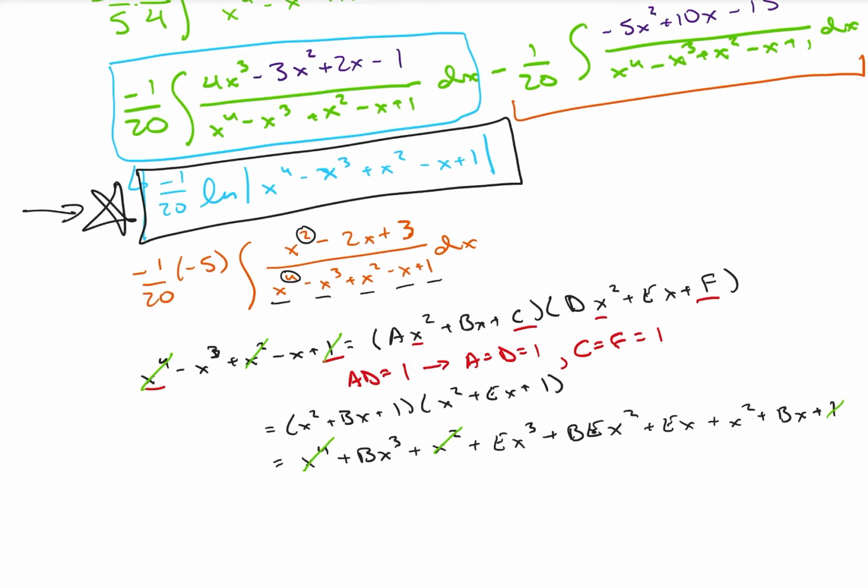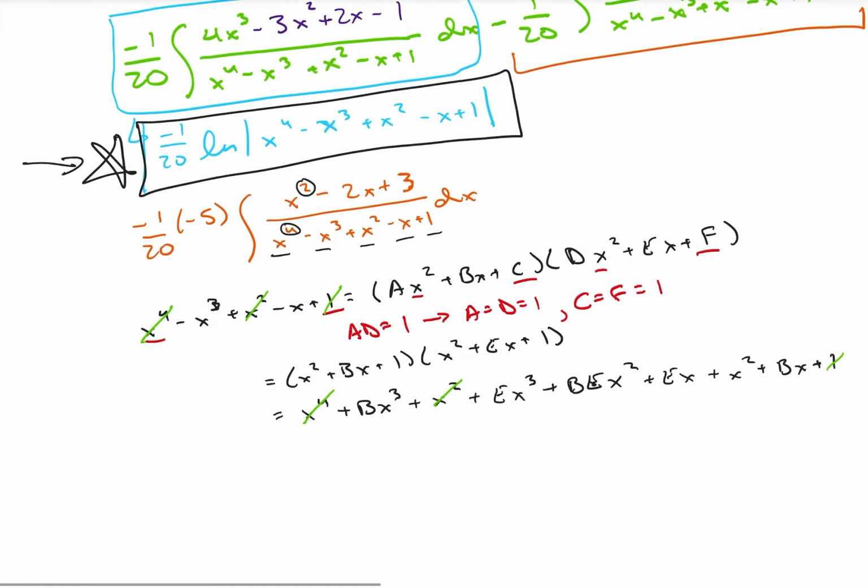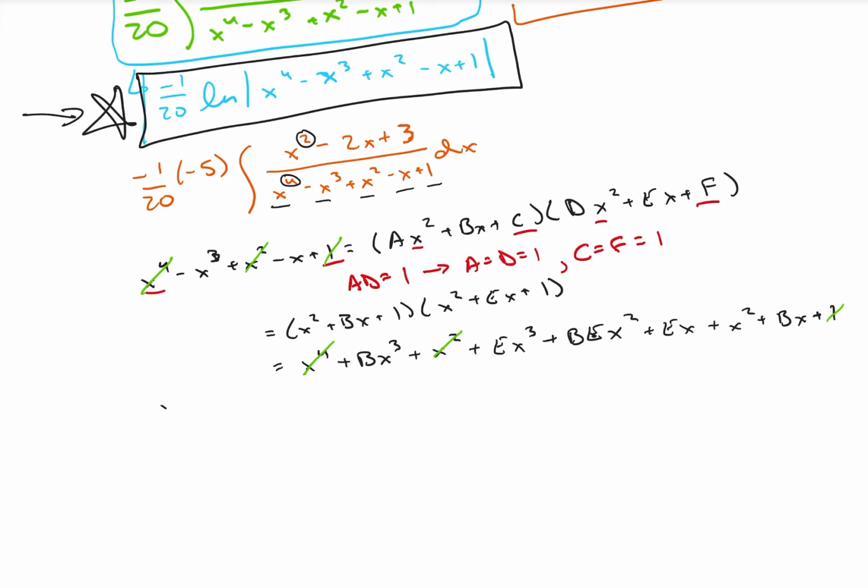And then I can come up with a few equations here. So let's look at my different equations similar to how I did above. For my x fourth terms, those are all gone now. But for x cubed, I'm going to have negative 1 on the left, and on the right, I'm going to have b plus e. Okay, so I can simplify that and say b is equal to negative e minus 1.